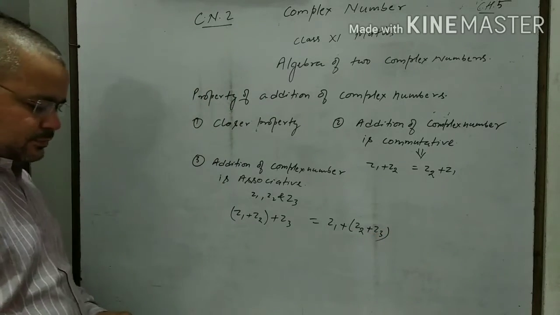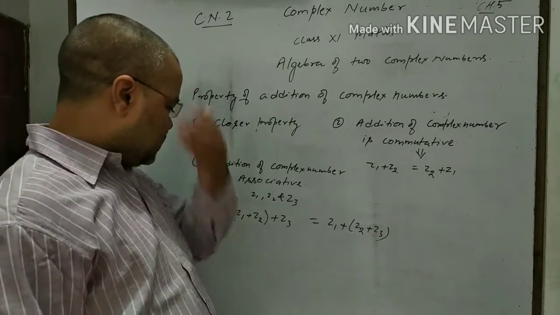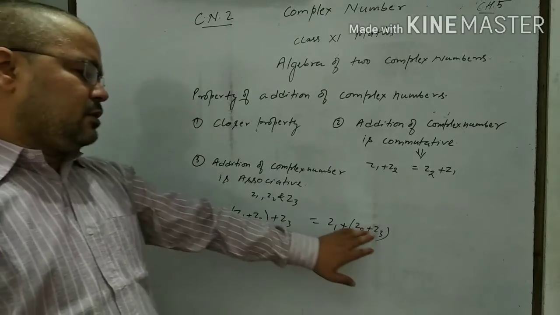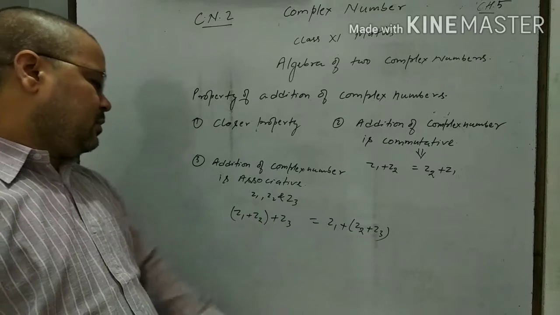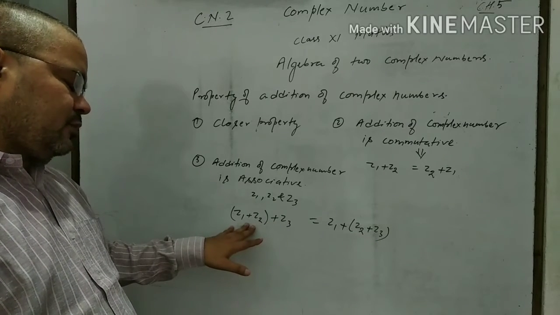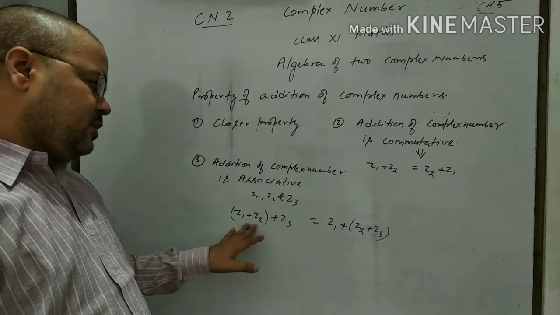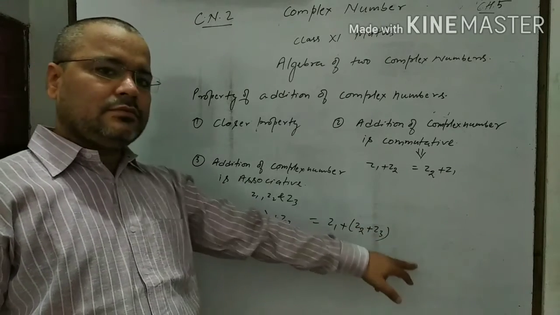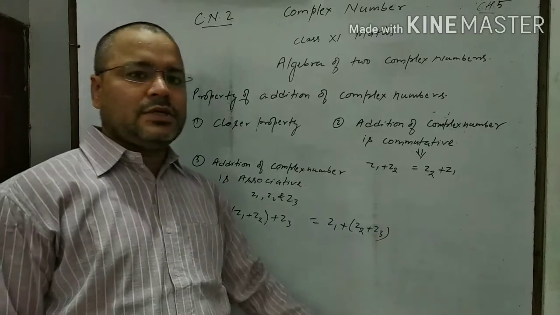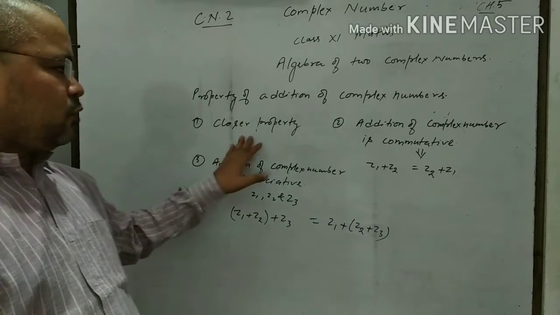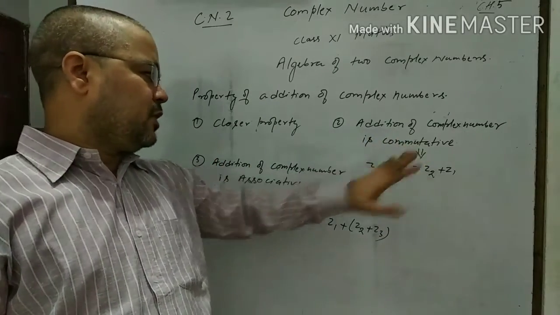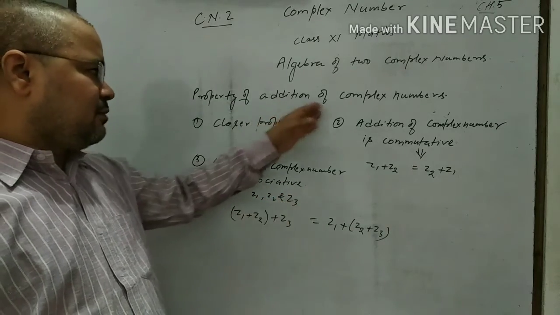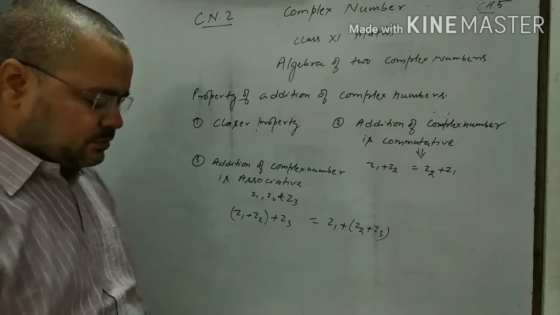Here the first two complex numbers are added together and then added to the third, or Z2 plus Z3 is taken together first. In this way, we have explained the closure, commutative and associative properties of addition of complex numbers.